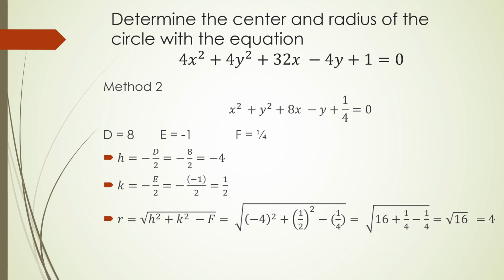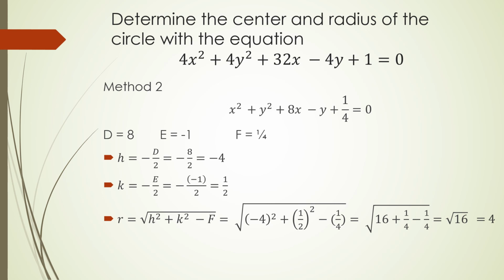And for the value of r, we have to use the formula r = √(h² + k² - F), and that would be equal to √((-4)² + (1/2)² - 1/4). So that would be equal to the square root of 16 + 1/4 - 1/4, which is equal to the square root of 16.